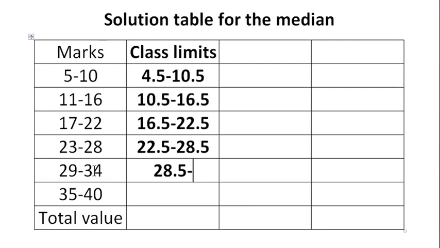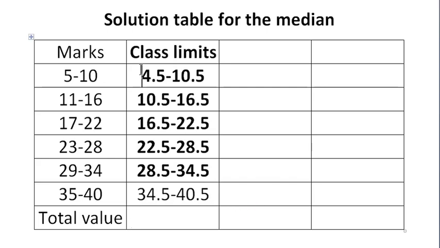Then add 0.5 again to the upper limit 34. That will give us 34.5. Then we'll come to the last class here. 35 minus 0.5 will give us 34.5, then add 0.5 to 40, we'll be having 40.5.